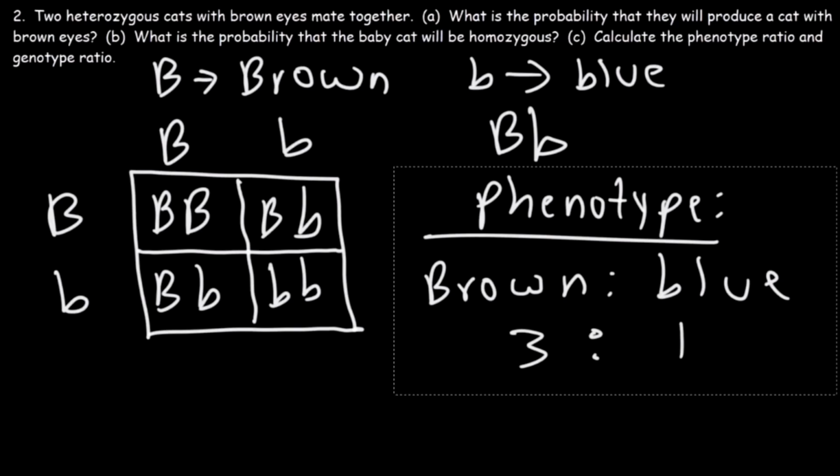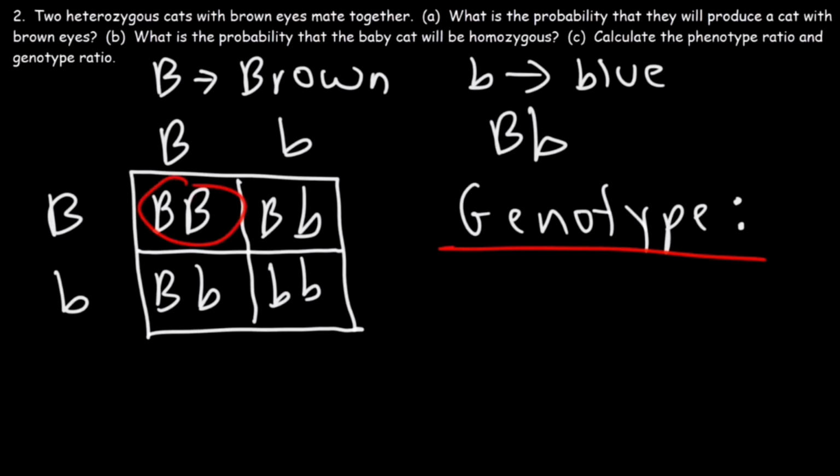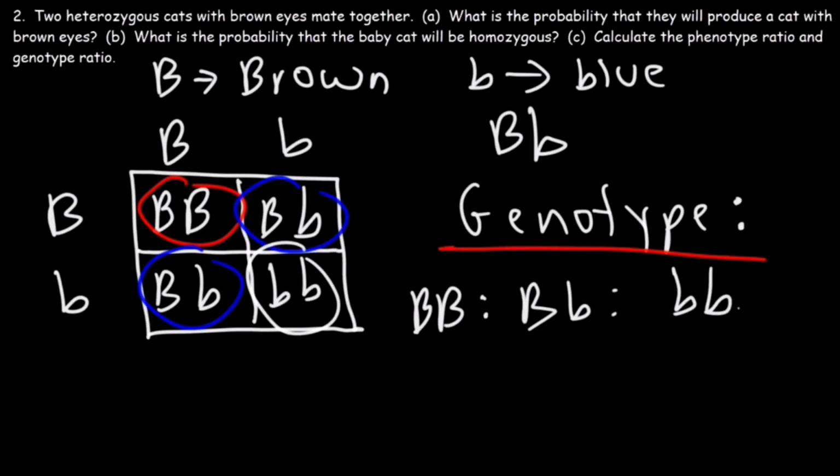Now let's calculate the genotypic ratio. So first, let's list the different genotypes that we see. So this is 1, big B and big B. These two are the same, capital B and lowercase b. And this one is the last one remaining.